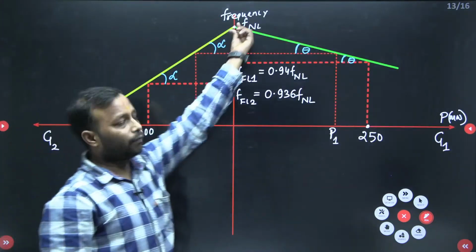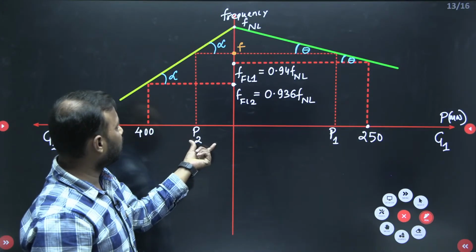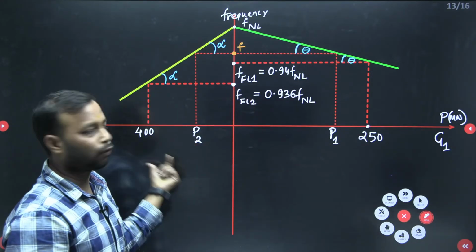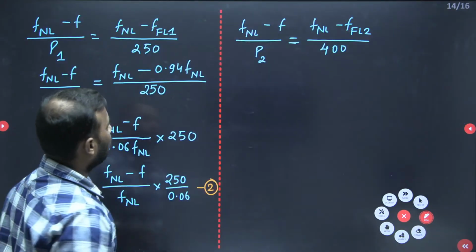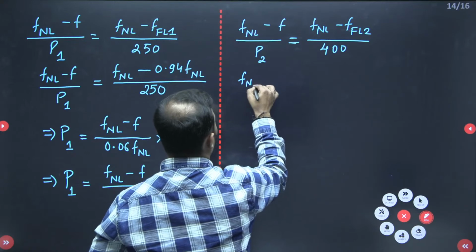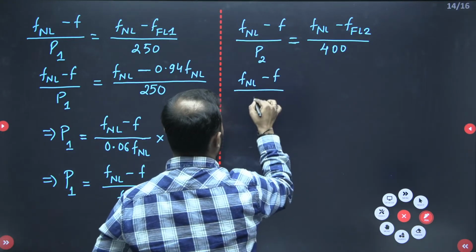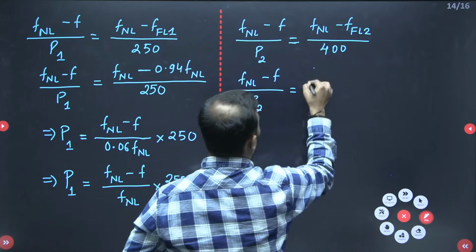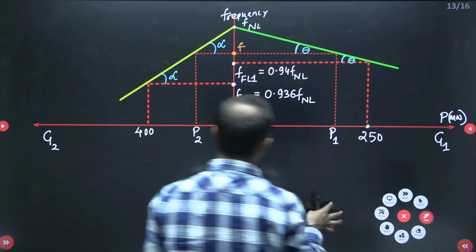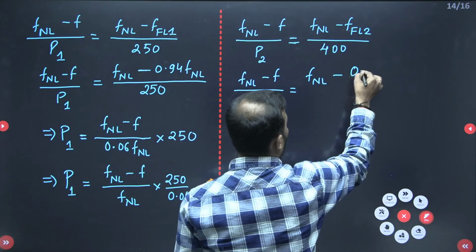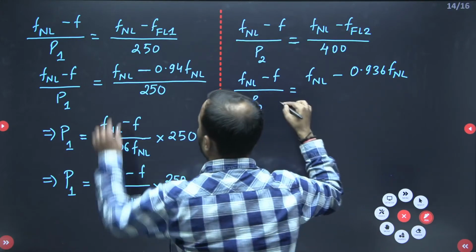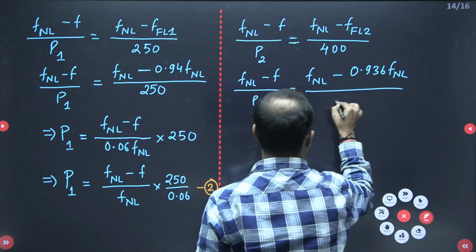See, (F_NL minus F) divided by P2 is equal to (F_NL minus F full load 2) divided by 400. Okay, all right. So, what relation are we going to get? (F_NL minus F) divided by P2 is equal to (F_NL minus F full load 2), which is given as 0.936 F no load, divided by 400.